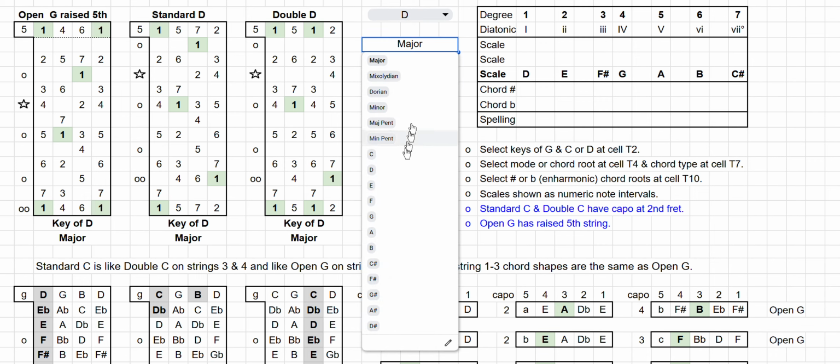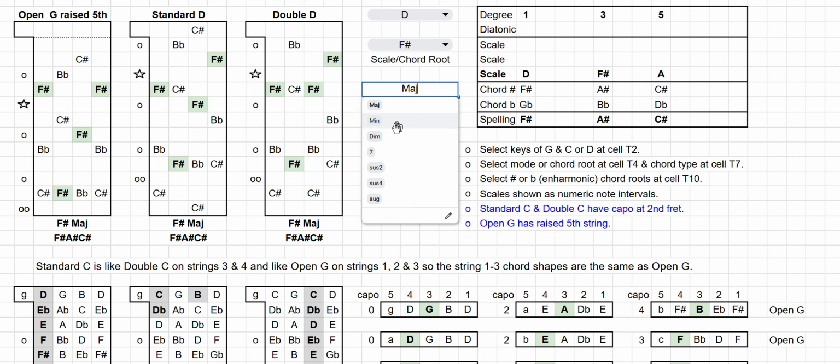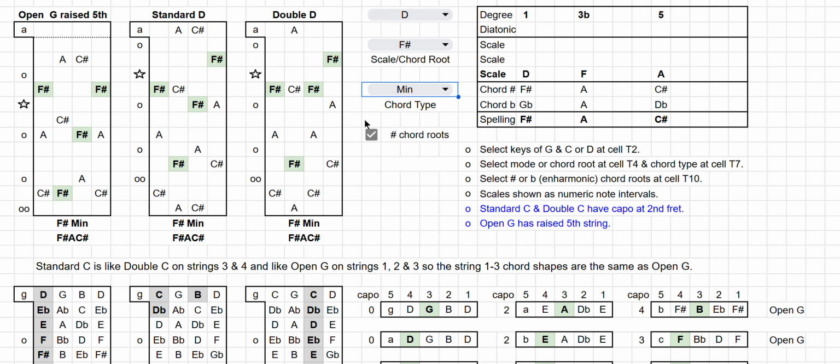So if we went to F sharp minor, we get our shape. You'll notice here that the spelling is F sharp, A, C sharp. In the scale of D, we've got an F sharp and a C sharp. So all of those are correct.